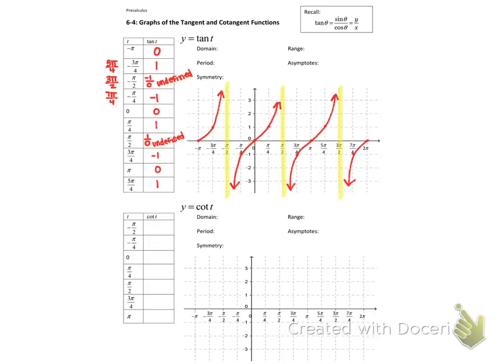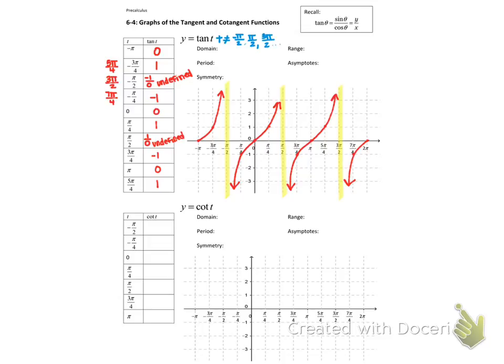This is our tangent function. So the domain of this function, t, can't be negative pi over 2, pi over 2, 3 pi over 2, and so on.